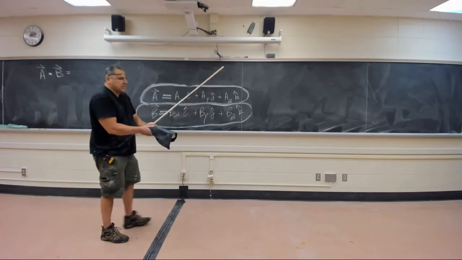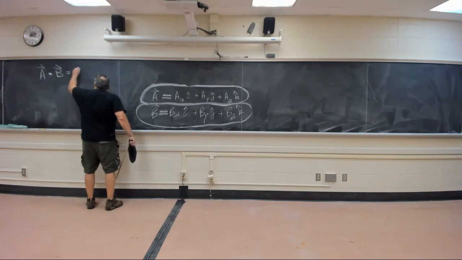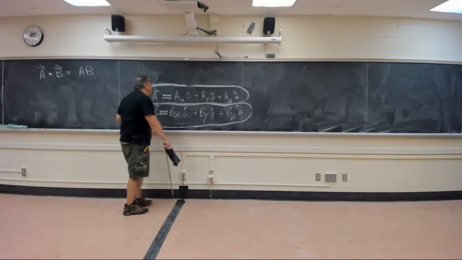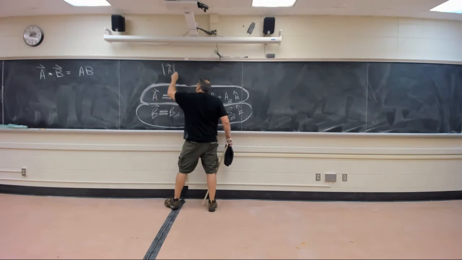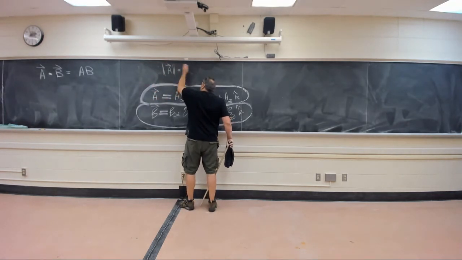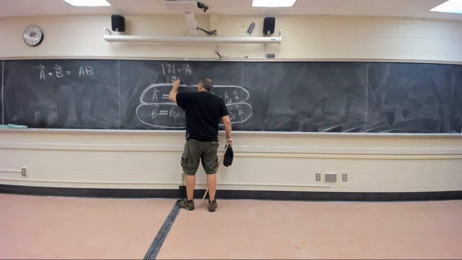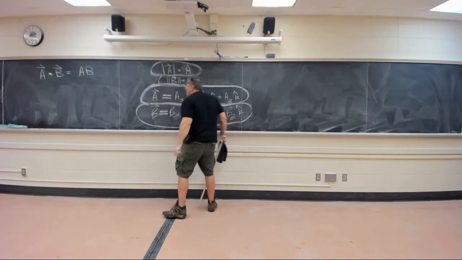The dot product of the two vectors, by definition, is equal to how big is A, how big is B. Now remember what we said. We already said that the magnitude of A vector is A. The magnitude of B vector is B. Okay.